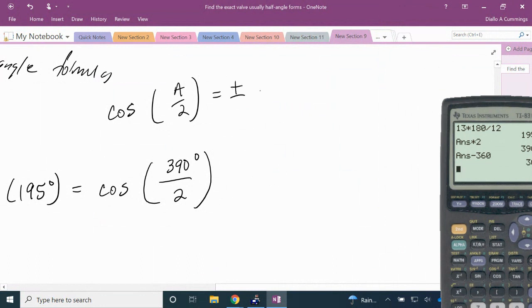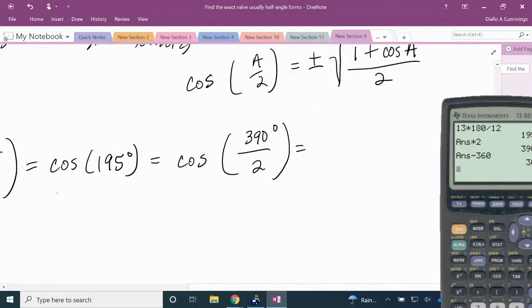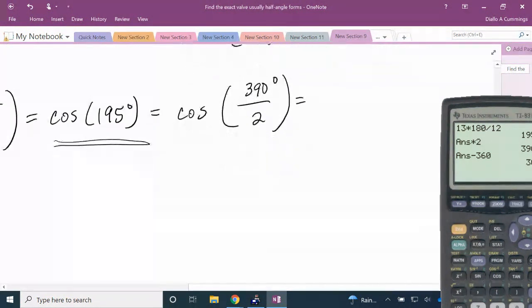That's equal to plus or minus the square root of 1 plus cosine A divided by 2. All right, so here the first thing we must do is establish the sign. Okay. So now we're actually trying to find the sign of the cosine of 195 degrees.